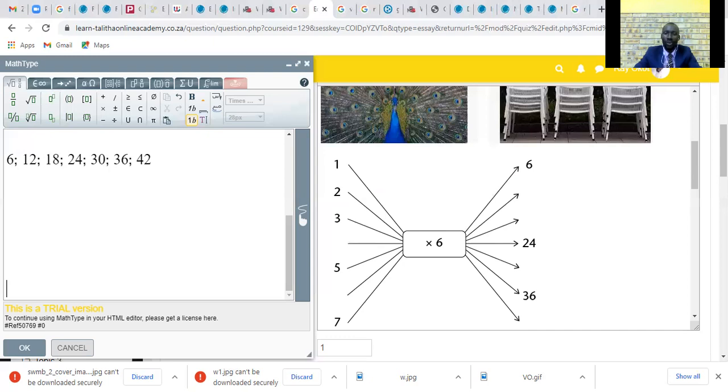Sometimes we are required to generate a pattern, or to use a sequence to find the missing numbers, like which are the other numbers remaining. For example, here, what would be the next number? We have seen that they have been multiplying by 6, by 6, by 6. So what would be the next number?